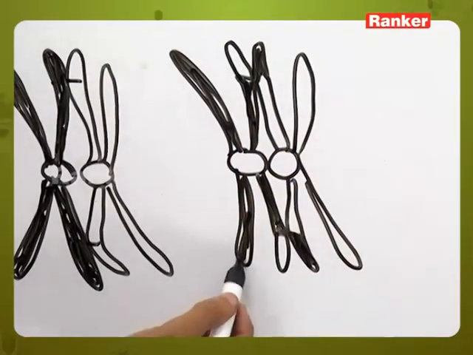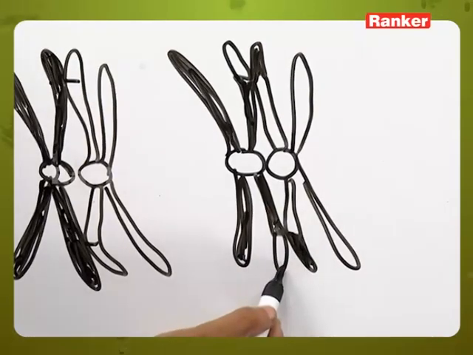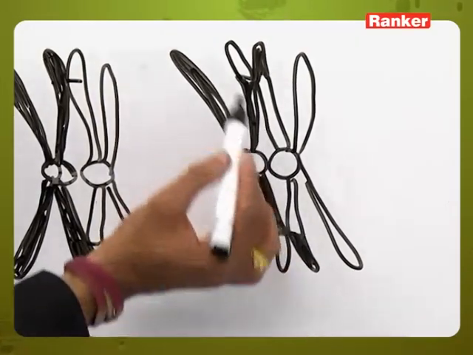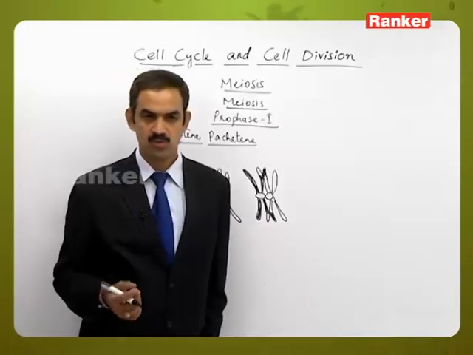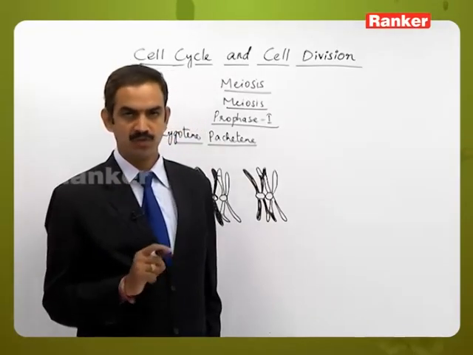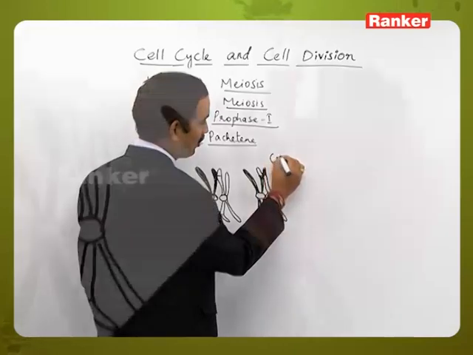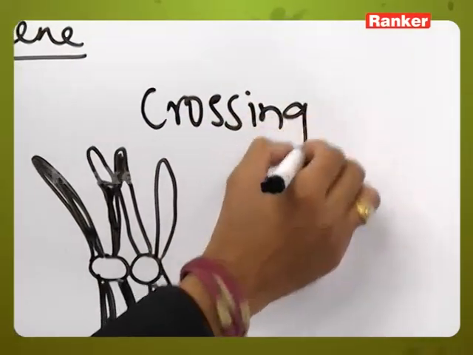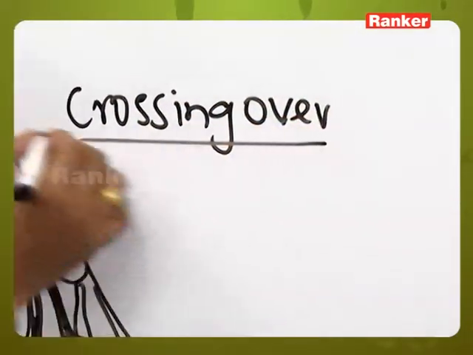Here we can see that this part has been taken from this homologous chromosome and this part is taken from the other homologous chromosome. Likewise, the chromatid pieces are exchanged between them, which is called crossing over. So this crossing over will occur during the pachytene stage.